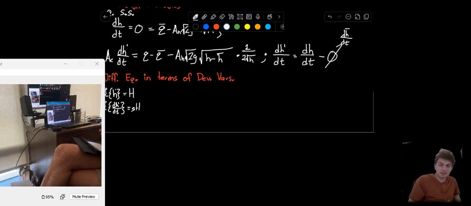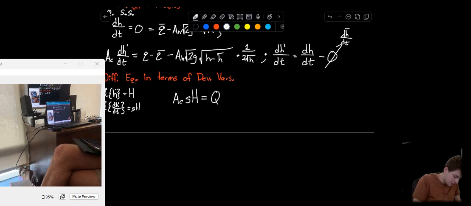And with that, I think I've given enough background on Laplace that we can just go ahead and plug this in here. So that gives us area of the cross section times sH equals, we're going to have big Q now, right? Laplace of a deviation variable is going to be big of that variable.